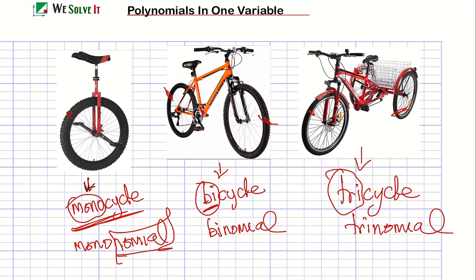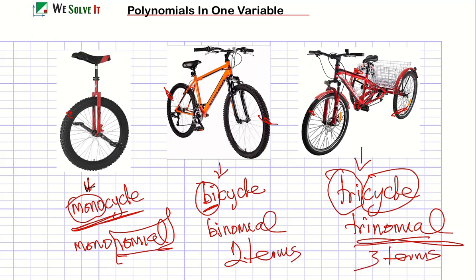A trinomial has three terms. Instead of three tires, we'll say terms. It got 3 terms. This one got 2 terms. And this one got 1 term. All that stuff will be clear to you as I go on.